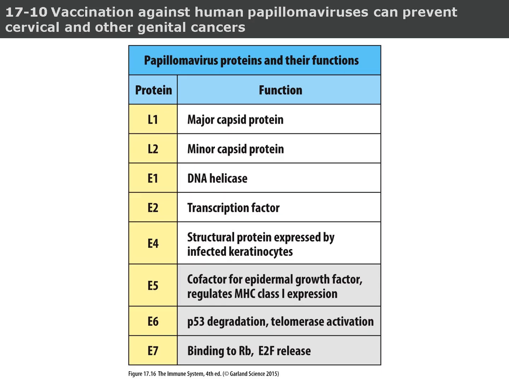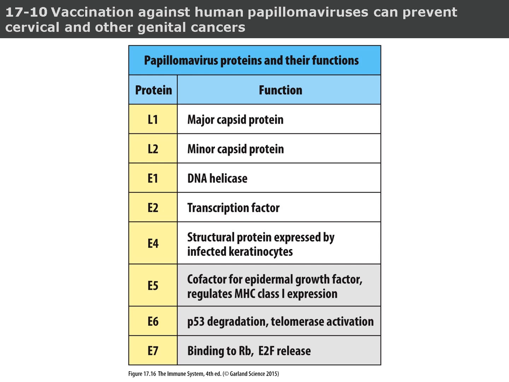This table summarizes the major proteins encoded by human papillomaviruses and their functions. L1 and L2 form the viral capsid, with L1 as the major structural protein and L2 as the minor one. E1 functions as a DNA helicase, and E2 acts as a transcription factor that regulates viral gene expression. E4 is a structural protein produced in infected keratinocytes.